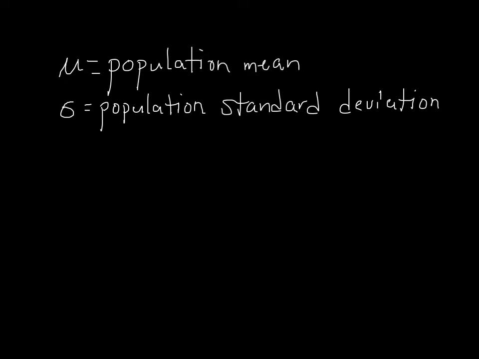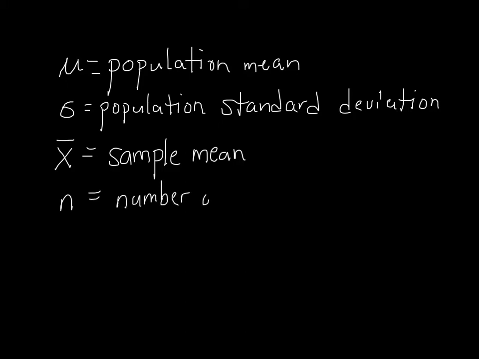But in order to set up 7.4, we're going to do some examples in 7.3 where we know that population standard deviation. X bar, that's our sample mean. And in our examples, we also call that the best point estimate. N, that's our sample size, or the number of sample values.